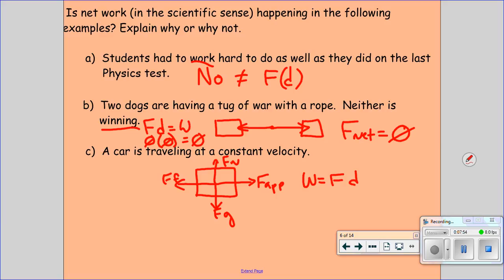So remember, work is force times distance, 0 times who knows what distance, but that's still going to be 0 work being performed. So the purpose of these three scenarios is to show you that work will only happen if there is a net force acting upon the system, and that force is acting over a distance.